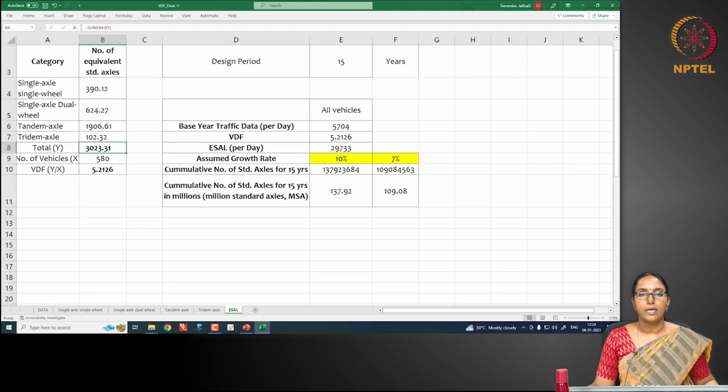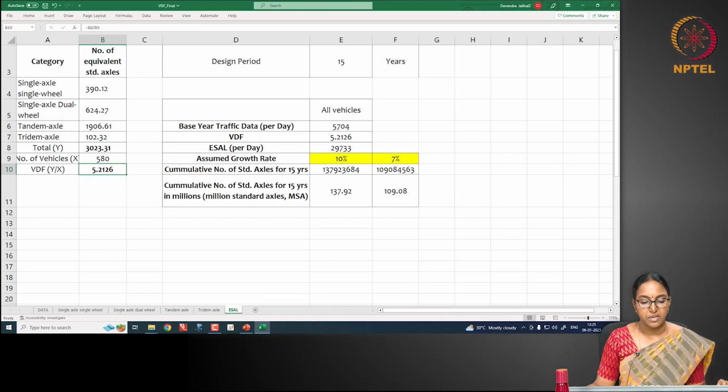So the total equivalent single axle loads for all the vehicles put together comes to 3023. Now you have like 580 vehicles which are considered in this study. So the total equivalent single axle loads divided by 580 will give you one vehicle damage factor, which is 5.2126 for the all categories of vehicles put together.